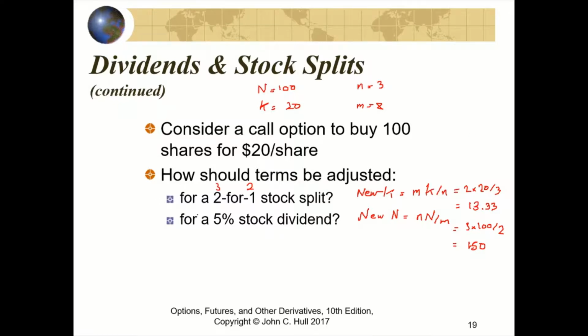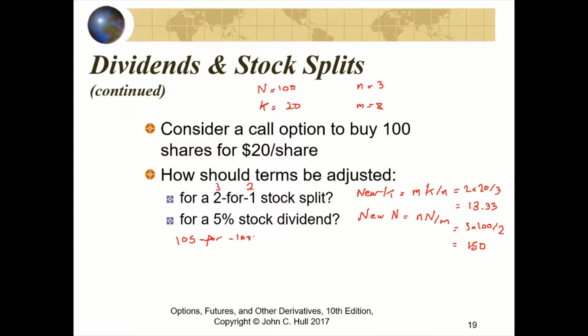Okay, now if we are dealing with a stock dividend, we approach it the same way we did here. We can just translate this into an n for M, and we then proceed. For example, a 5% stock dividend is equal to 105 for 100 stocks, right?